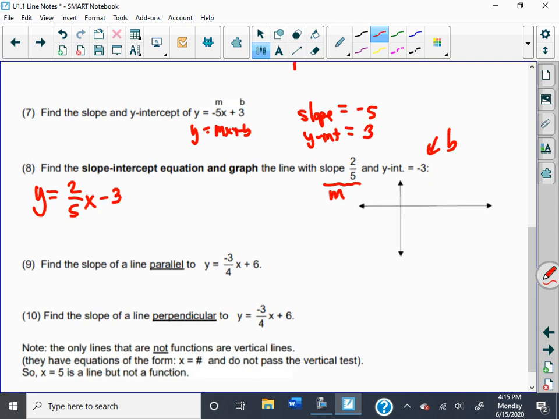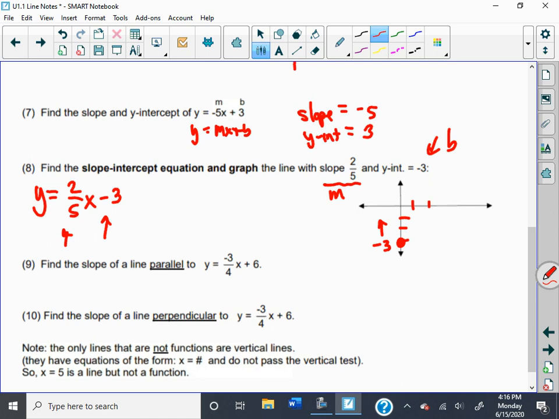Now when we graph this, we always graph the y-intercept first. So we're going to go down to negative 3 on the y-axis, put a dot, and then we're going to use the slope. Here we use rise over run. From our point, negative 3, we're going to go up 2, because it's positive, and then right 5.